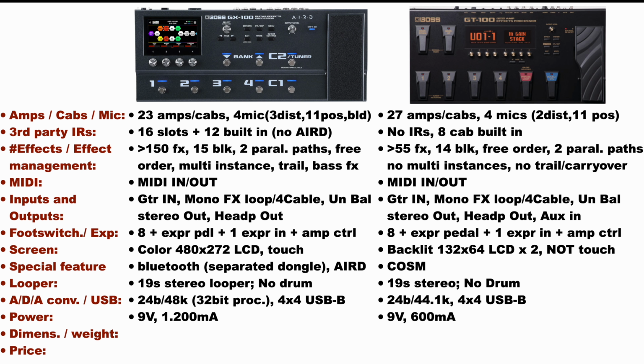As regards power needs, the GT-100 is less power hungry, and I didn't expect it. I mean, new DSPs are typically more efficient, therefore I expected lower power needs from the GX-100. As regards dimension and weight, the GT-100 is a way bigger and heavier unit.